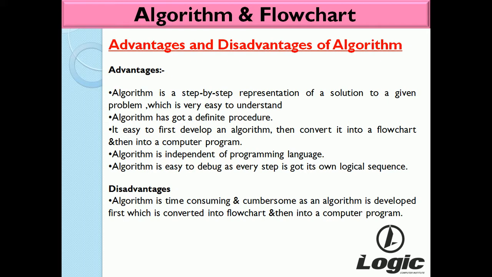Third, it is easy to first develop an algorithm, then convert it into a flowchart and then into a computer program. Next, an algorithm is independent of programming language. And the last one, an algorithm is easy to debug as every step has its own logical sequence. These are the advantages of algorithms.